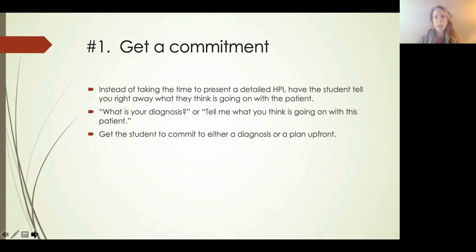Getting a commitment is the first step. This is not the I'm coming to clinic today sort of commitment. This is for presenting. It's the time to present to you commitment. The first thing that the student will do when presenting is committing to a diagnosis or a plan up front.